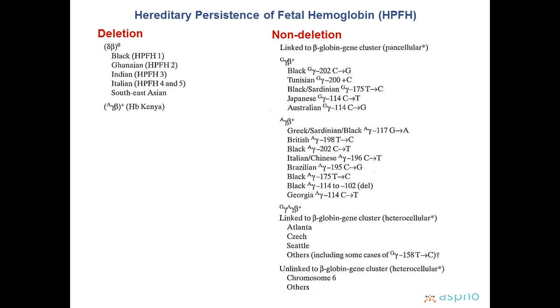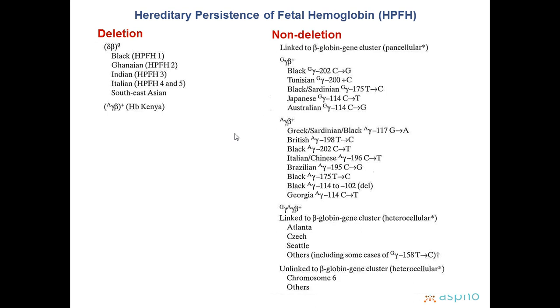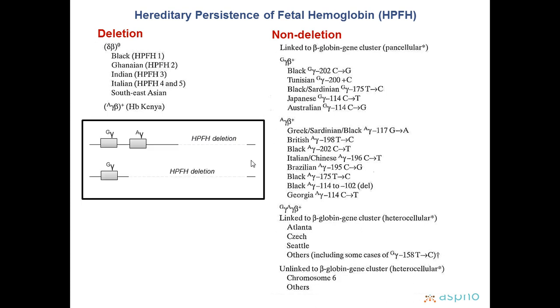There are a number of different types of HPFH, and you can classify them as deletional or non-deletional as one classification, where the deletion is of the delta and beta globin genes, and all you're left with is the gamma globin genes. Okay, that looks similar to the delta beta 0 mutation, and it is, and we'll talk about how they're different. But then the non-deletional ones are regulatory variants, usually in the gamma globin genes.